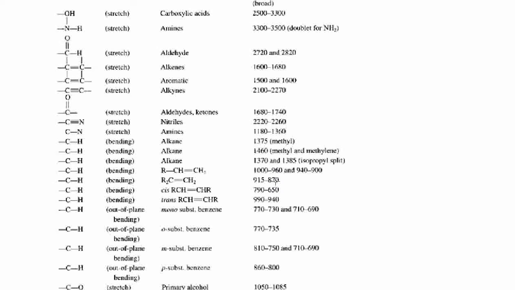That would be two peaks around 980 and 920. We don't have that really. We don't have a cis double bond. We don't have a peak 650 to 790. And we don't have the trans, which is 940 to 990.